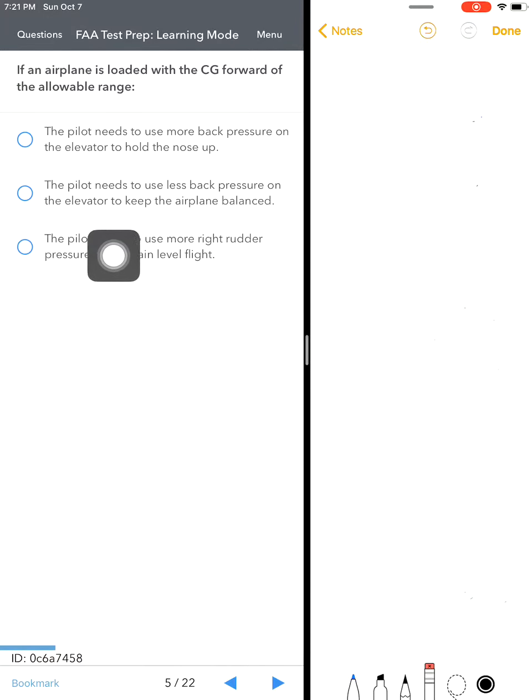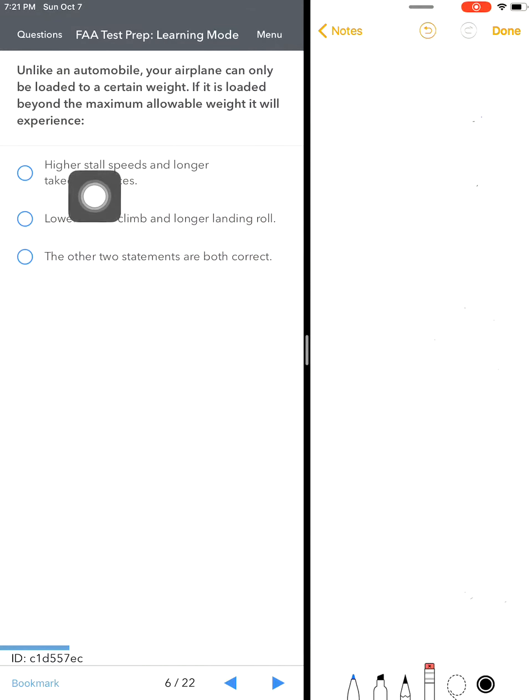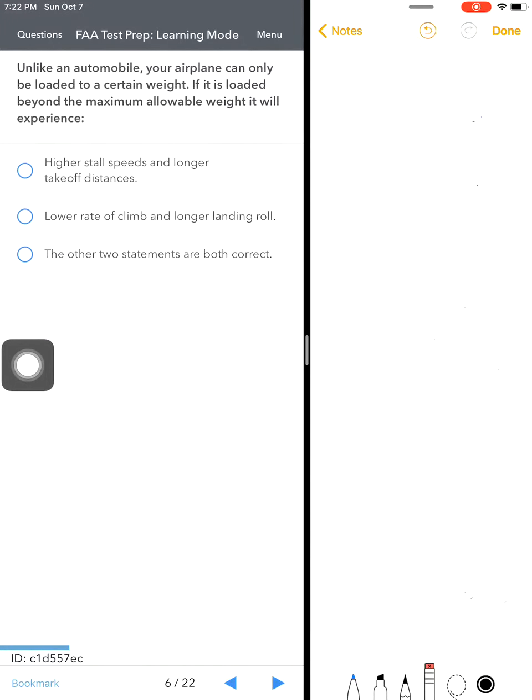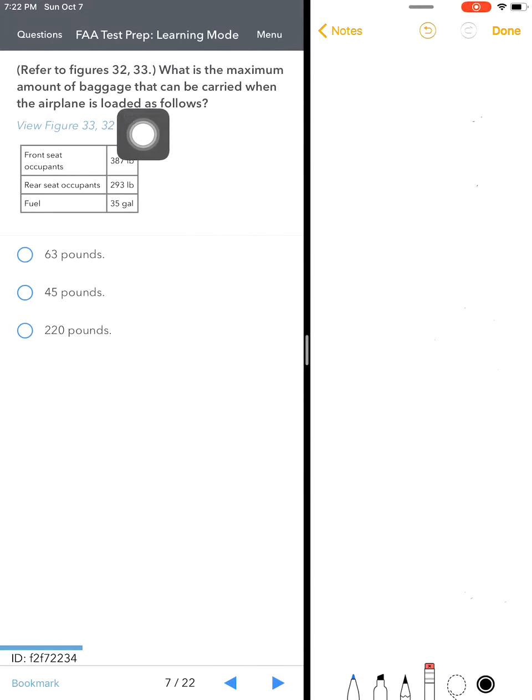This one does not make any sense. This last question doesn't make sense. So skip that quickly. Unlike an automobile, your airplane can only be loaded if the load is beyond the maximum level of weight, or experience. So these are very simple questions. I'm going to skip that.